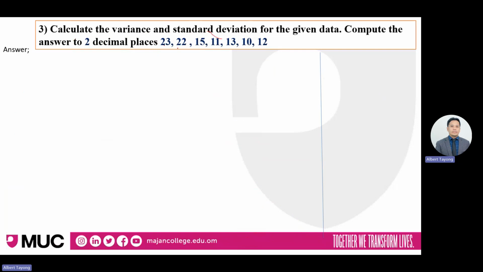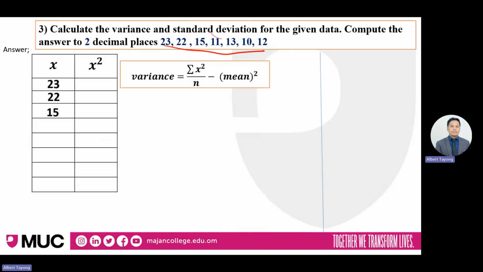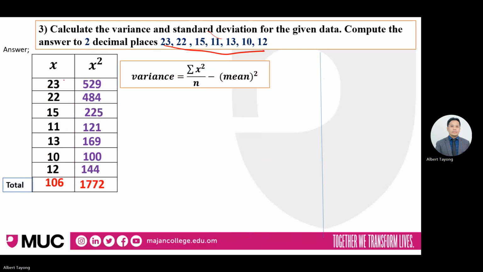We have 23 until 12. So we have to follow the same method where we square all the numbers, 23 squared, 22 squared, and so on. So these are the squares we added and the sum of x.